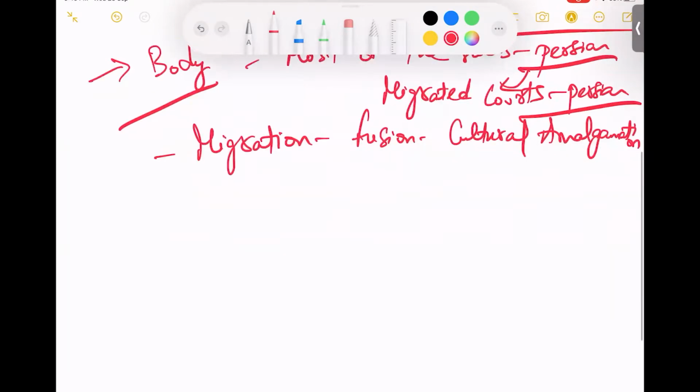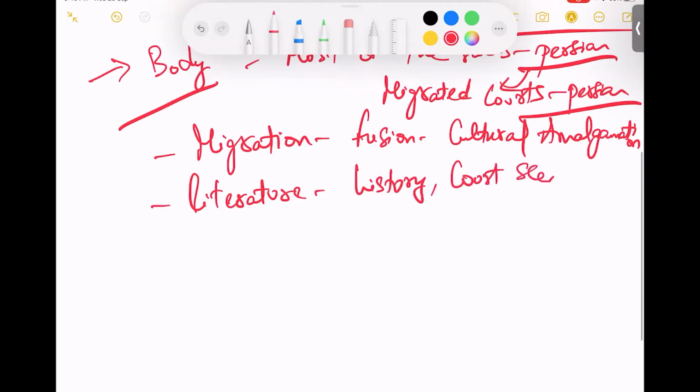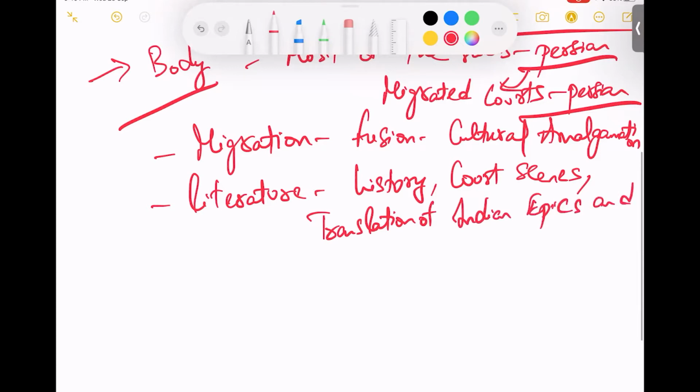Okay. So basically the literature of this age varied from history, court scenes, translations of Indian epics, and also sometimes philosophy.